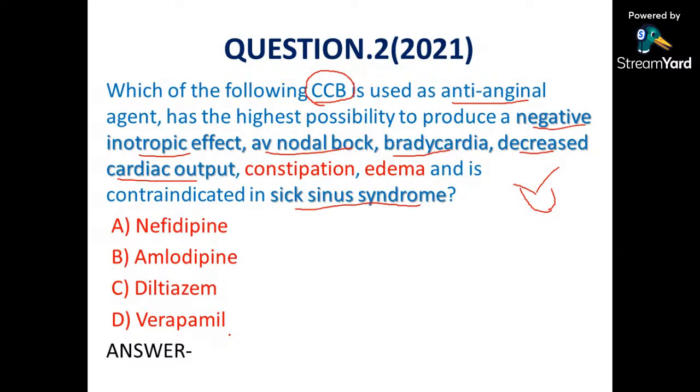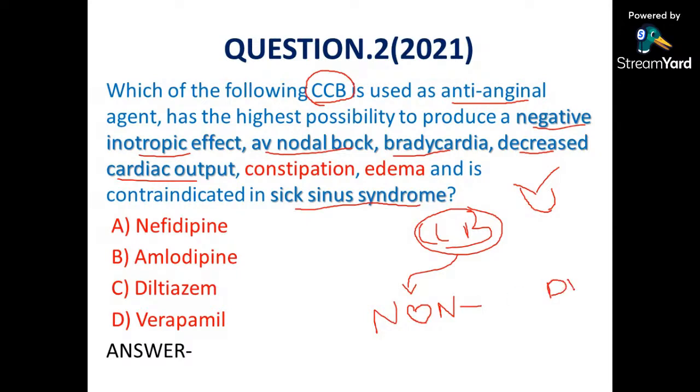To answer this question, let me tell you, remember one thing: in calcium channel blockers we have two types. One is non-dihydropyridines, and the second one is dihydropyridines.